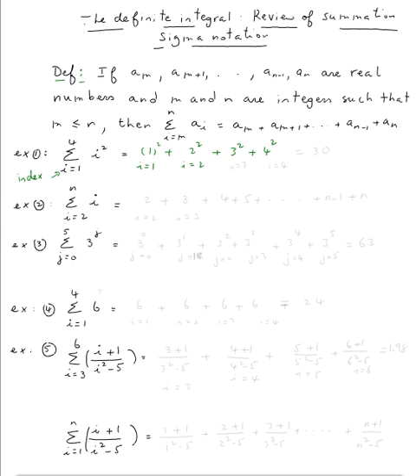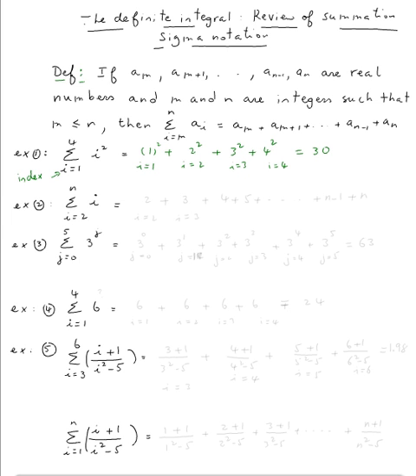This is what we mean with the definition. These are the terms, and then all you need to do is add them up, which is equal to 16 plus 9 is 25, 25 plus 4 is 29, plus 1 is 30.